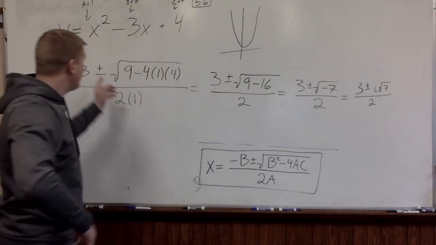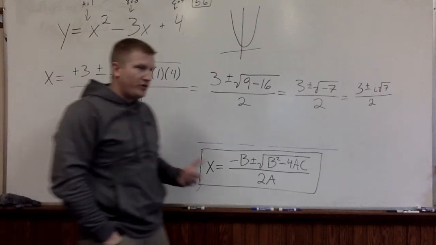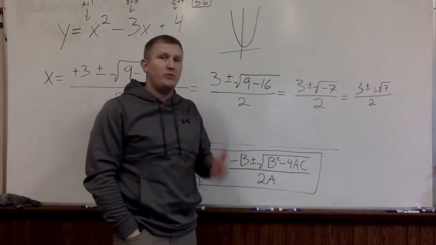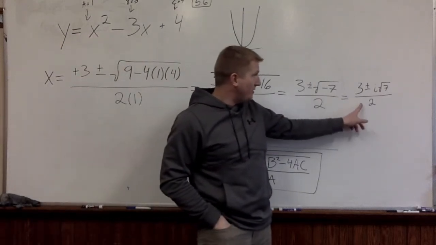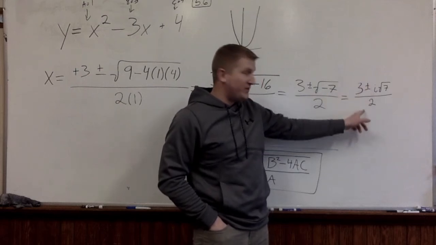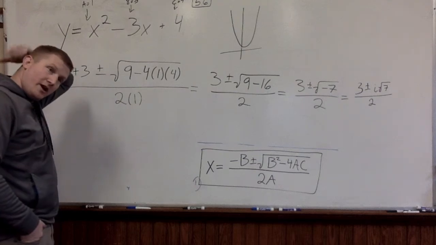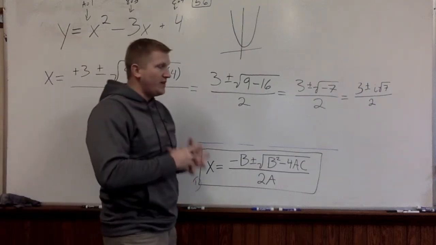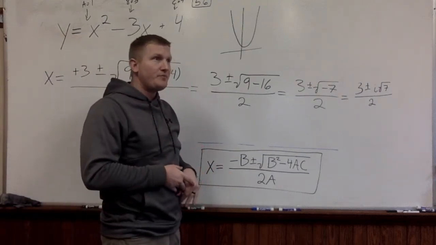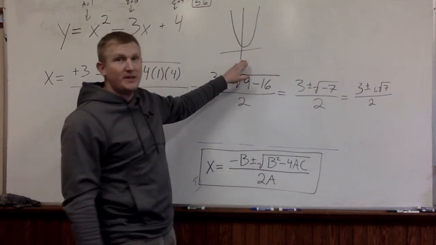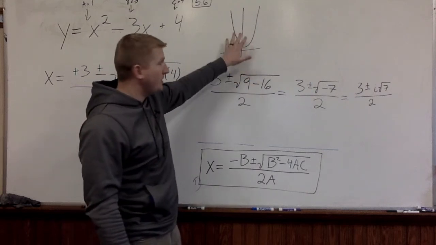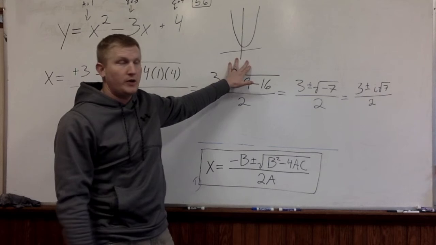Because again, that's what we're working with, right? Where is this going to hit the x-axis? Where is y going to equal 0? This number, well, both of these numbers really, if inserted into the original quadratic, will reduce the entire thing to 0. Graphically, it doesn't make sense. There are no imaginary numbers on our normal coordinate plane.